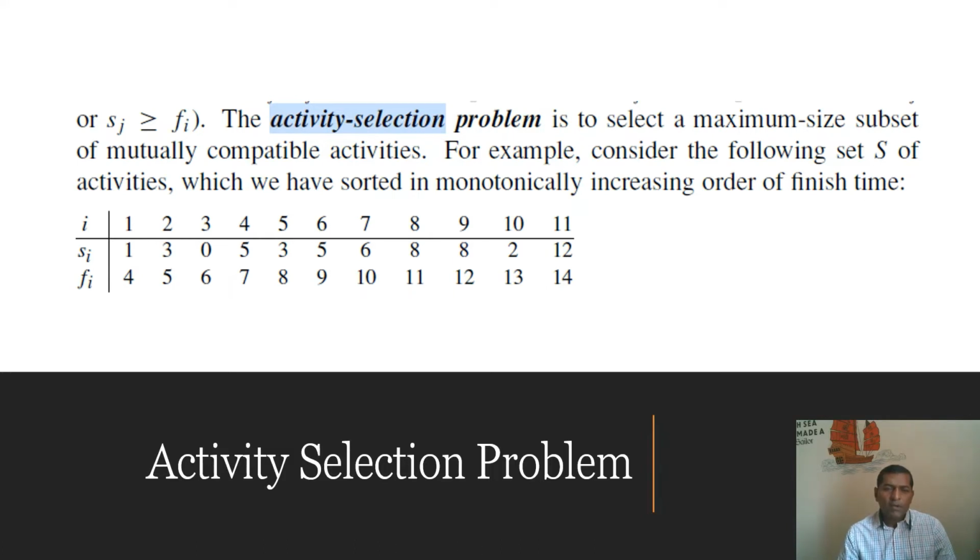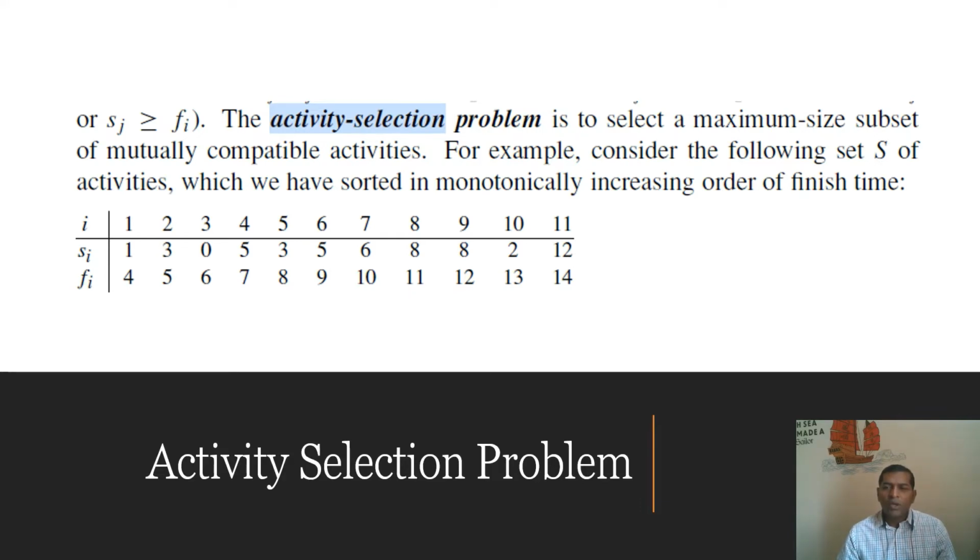With this table, we can understand that activity 1 starts at unit time 1 and finishes its execution at unit time 4, whereas activity 5 starts its execution at unit time 3 and ends at unit time 8. So the start and finish time of every activity is written here.